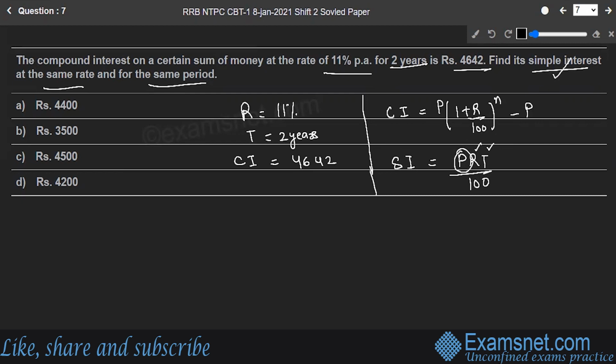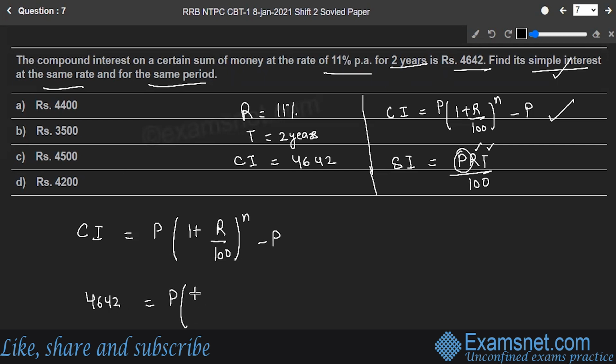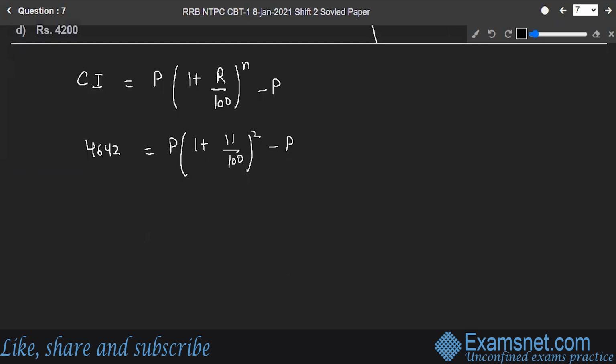If I have to find the simple interest, I'll calculate this principal from this. Now, compound interest is equal to principal (1 plus rate upon 100) raised to the power time minus P, which is 4642 is equal to principal (1 plus 11 upon 100) raised to the power 2 minus principal.